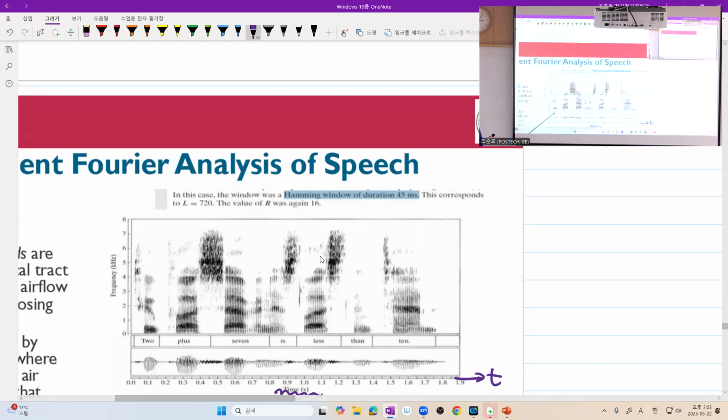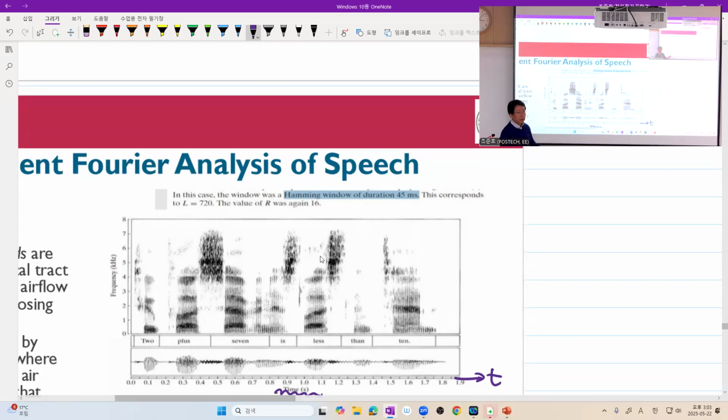And during the 2-second duration, the utterer says in English, 2 plus 7 is less than 10. Got it? Now, in the time domain, for example, you build a software and you input this sample of length 2 seconds, properly sampled, so it's a vector.